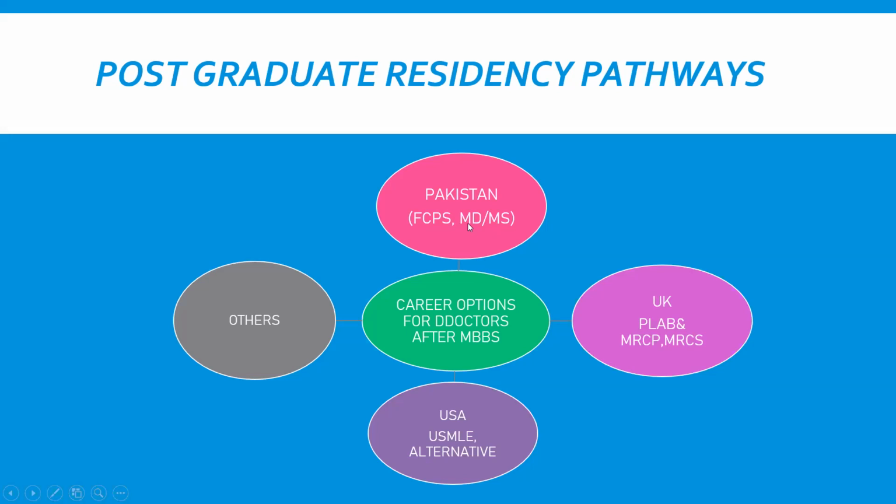MD is for doctors who are looking for post-graduation in medicine, and MS is for doctors who are looking for post-graduation in surgery. We will be focusing more on the FCPS exam today, and next session we will be looking at some of the residency pathways in Pakistan regarding MS and MD.